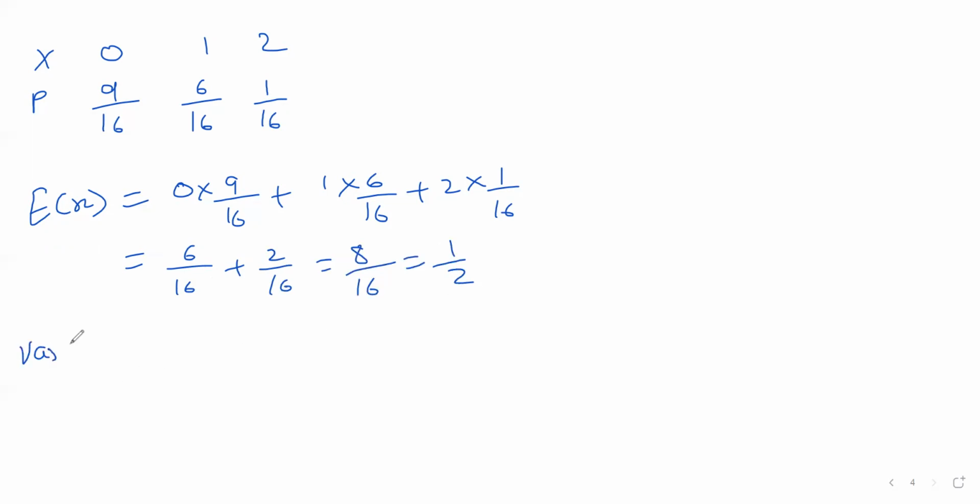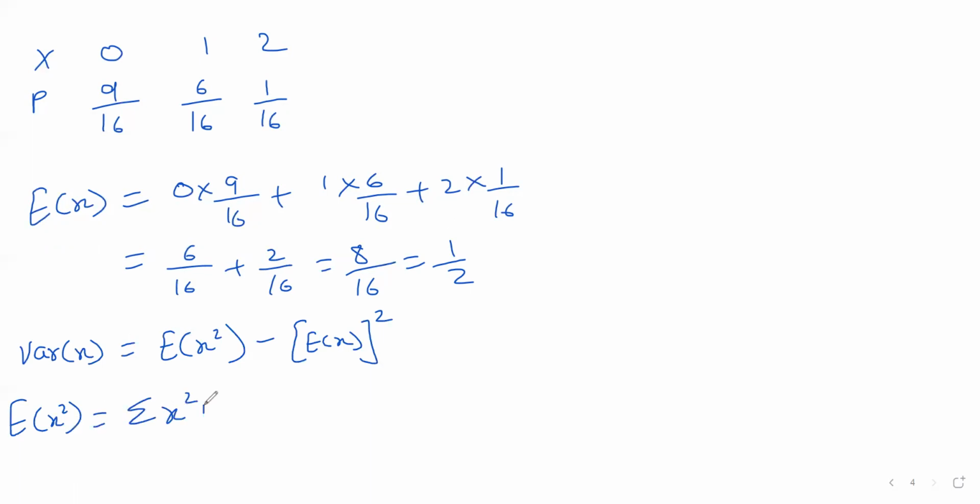And then what is variance? It is E of x square minus E of x bracket square. This is your mean. Let us find out E of x square, summation x square p.